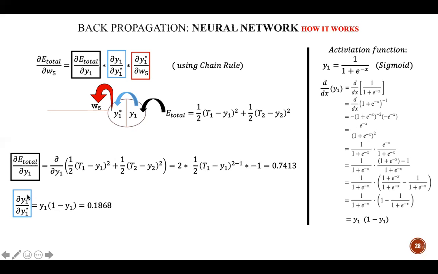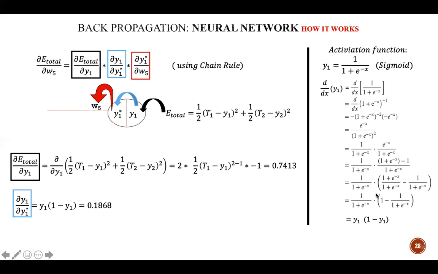Here is the mathematical derivation of that. I know Y1 is my sigmoid function, so Y1 mathematically is equal to this function. If I want to find the derivative of this function, this is how you do it.